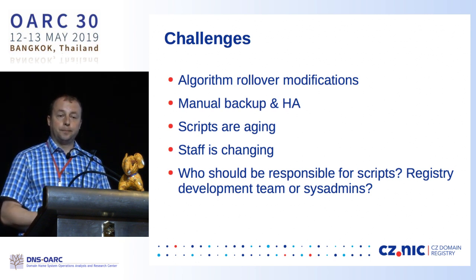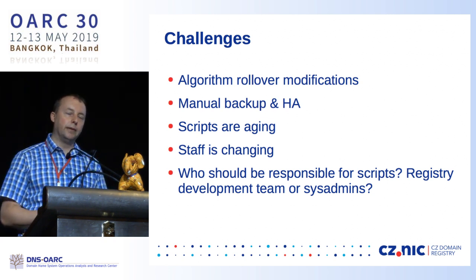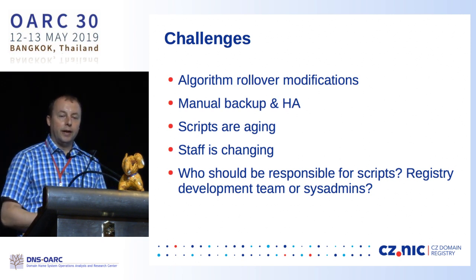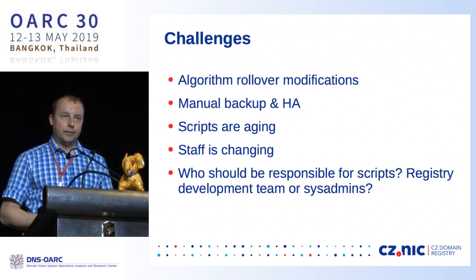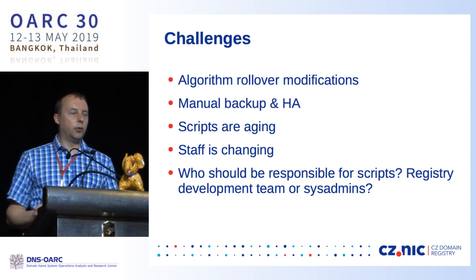And we had a big discussion between the two teams that we have, the DNS operations and the registry development, about whose responsibility those scripts should be. The DNS people said, well, it could be part of the registry, so we just want the zone file.